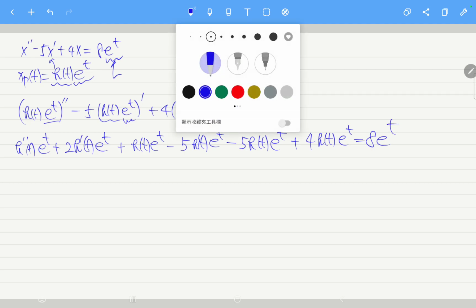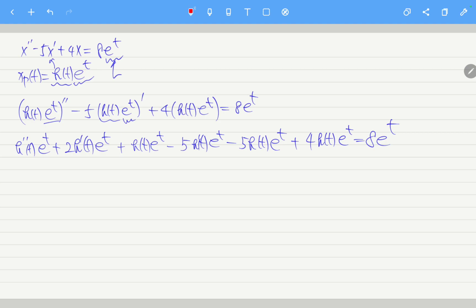Okay, so here let's see whether we can have some cancellation. So this is h of t e to the t. This is 5 times that, and then plus 4. So these 3 terms will cancel each other.